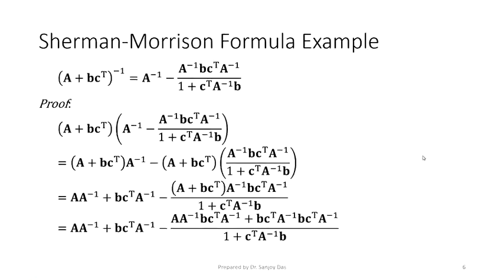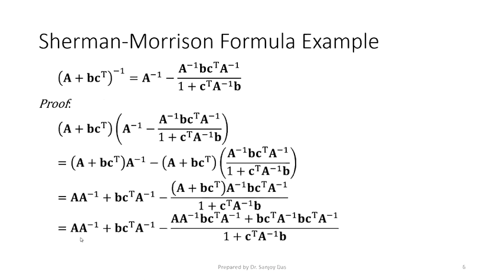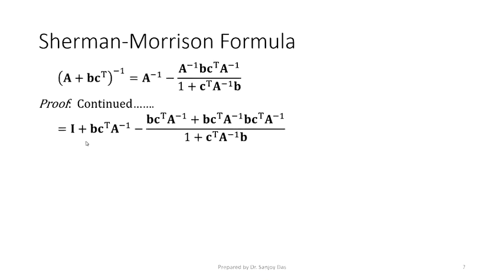Okay, so now let's go to the next slide. So this is what I have. AA inverse is I, right? AA inverse is the identity matrix. So that's I plus BC transpose A inverse, negative of this. This denominator, you know, is a scalar. Otherwise, you cannot divide.